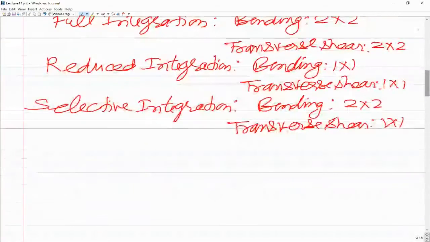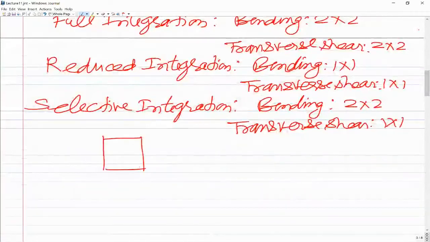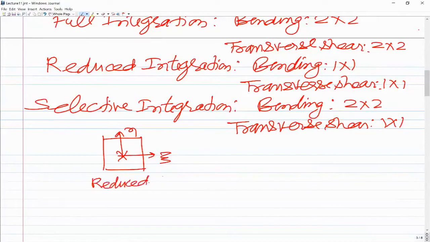To depict this, if you look at the element with xi and eta, reduced integration means for both bending as well as the transverse shear, there is only one integration point.